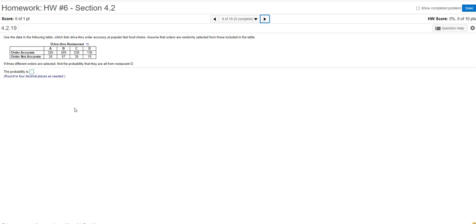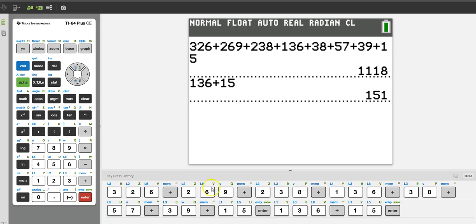And so for the second order, it's 150 are left from restaurant D, and there's only 1,117 total orders. And if the first 2 are from D, then for the third order, there's 149 left from restaurant D and 1,116 total orders.